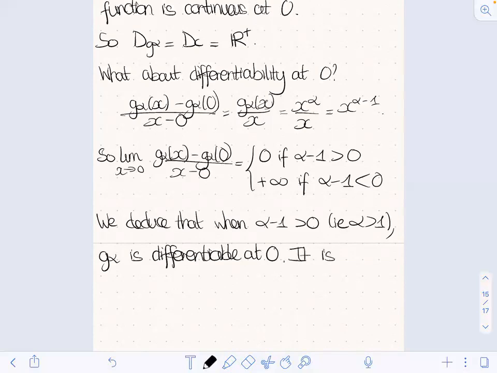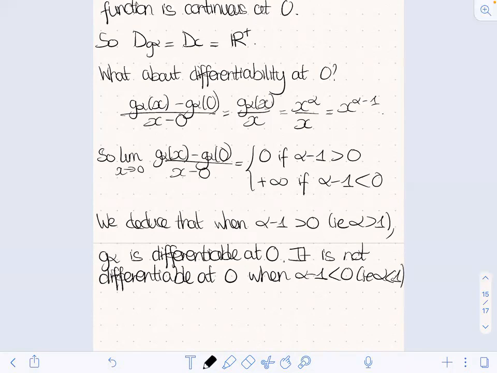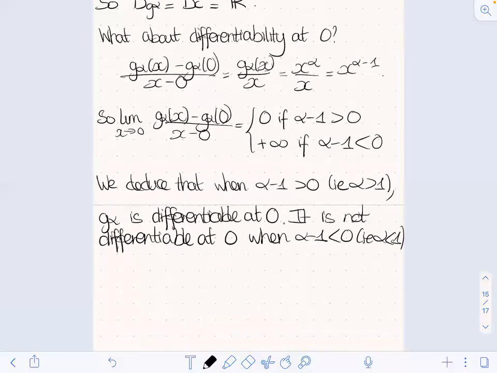And it is not differentiable at 0 when alpha minus 1 is negative, i.e. alpha smaller than 1. So we've got two cases now for the different domains.